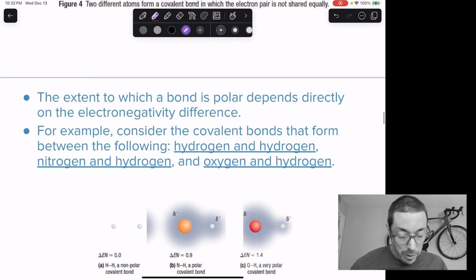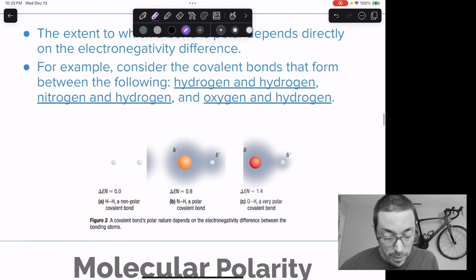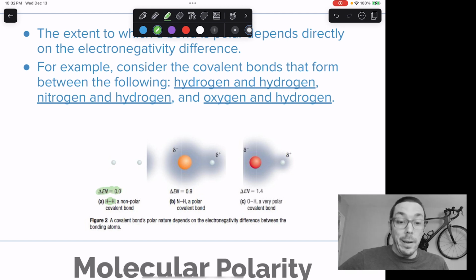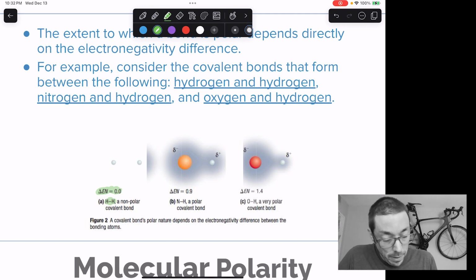Let's look at 3 different examples. We've got an H-H bond. Of course, the difference in electronegativity is 0 because they're the exact same element. That's just 2.2 minus 2.2, which is 0 difference.